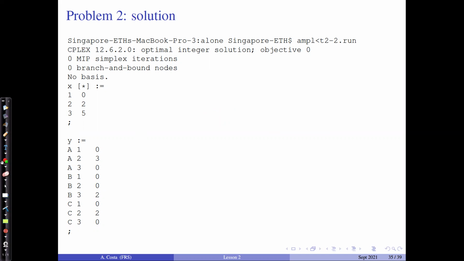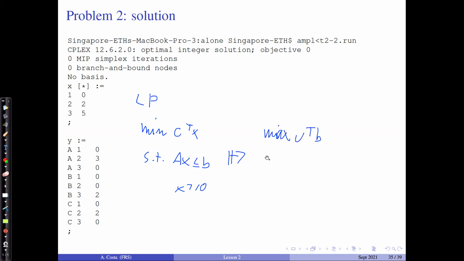Duality means that for linear programming, not for integer, for LP, when you are minimizing c transpose x subject to Ax less than or equal to b, this can be converted into an equivalent problem where you maximize u transpose b, and I don't remember the sign, maybe negative. There are some rules to change.